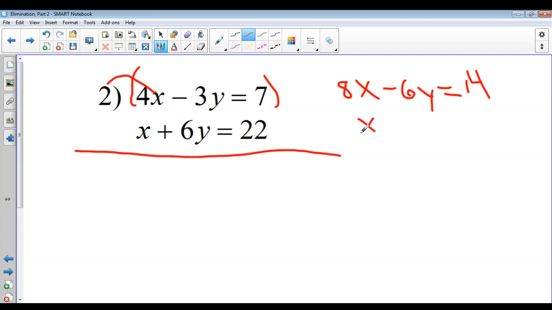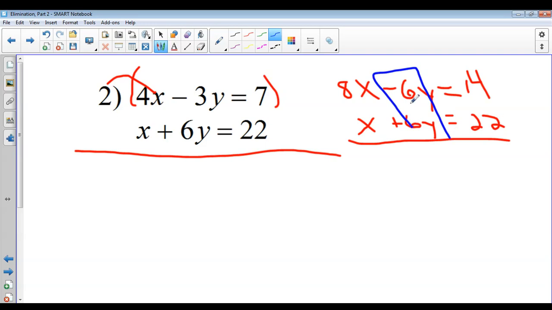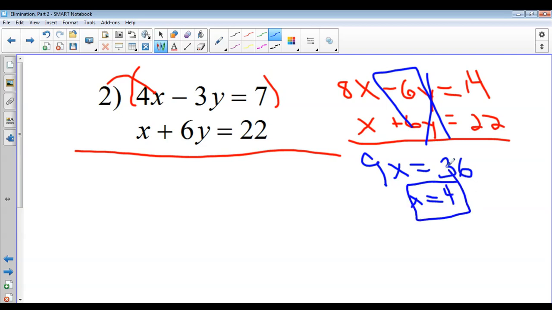Then on the bottom, I'm just going to copy it. x plus 6y is 22. Okay, and now we can say, all right, yeah, we have opposites right here. They will cancel out. And when I add straight down, 9x is 36 and x is 4, right? That one was quicker than the first one.